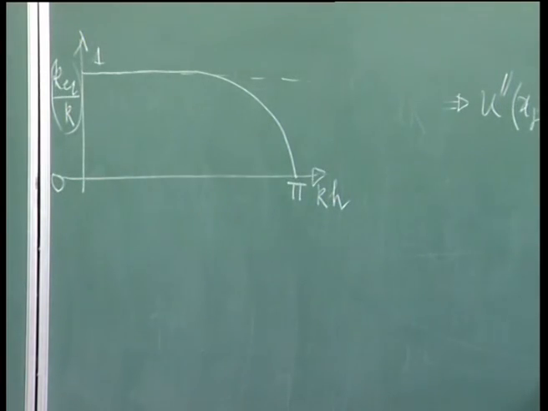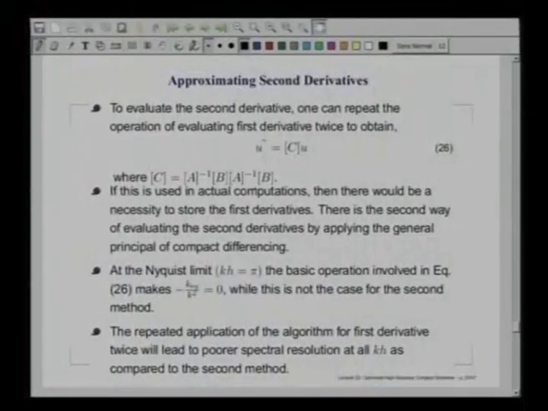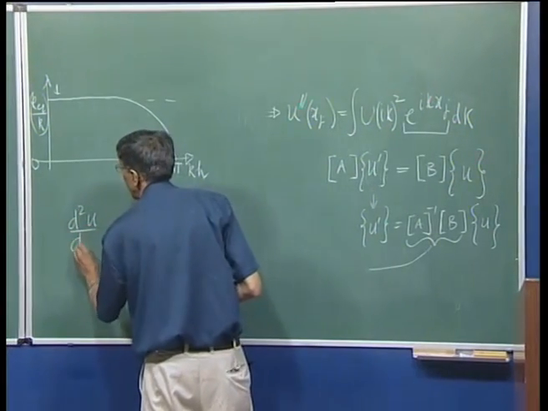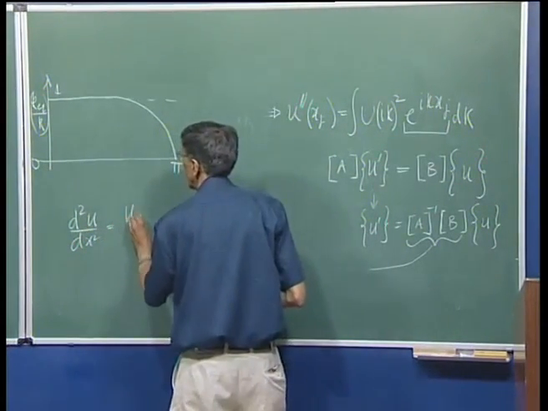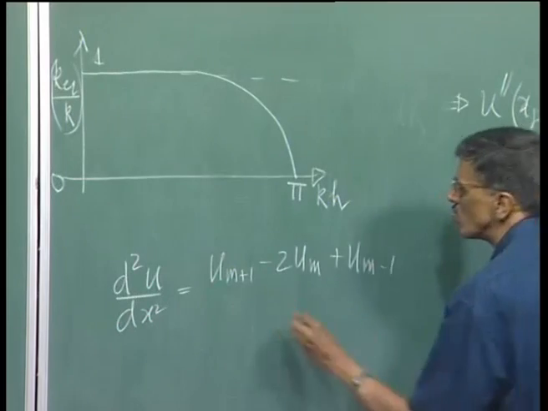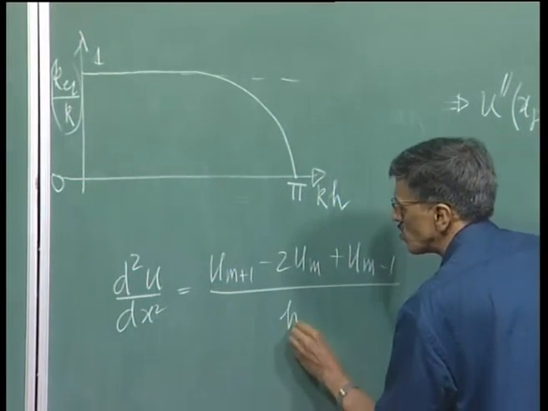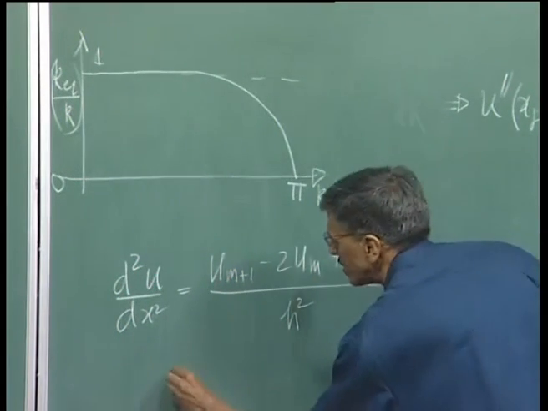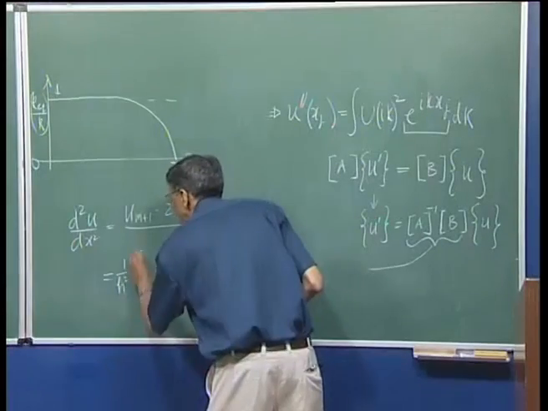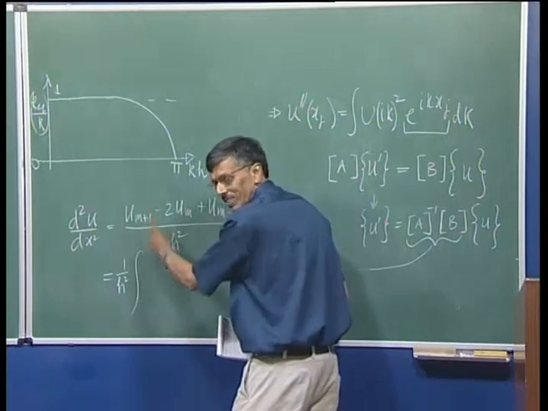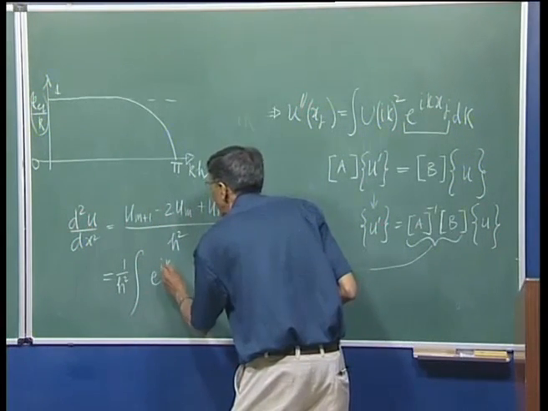However, you notice what happens if I evaluate the second derivative by explicit schemes. If I am trying to do it like this, and if I use the Fourier Laplace transform, what do I get? I will get 1 over h square integral. Here I will get e to the power I k h shifted, so I get e to the power I k h.